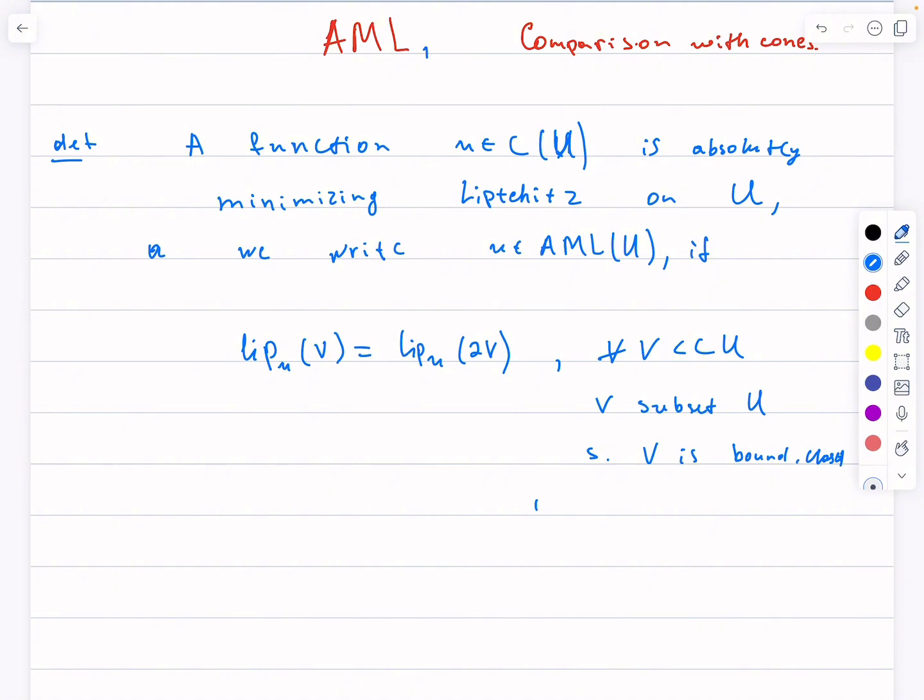For example, if our big domain U is, in 1D, from -1 to 1, V can be everything which belongs to this U, and also it is compact. 0.5, for example, should be compact. It means closed and bounded. Okay?